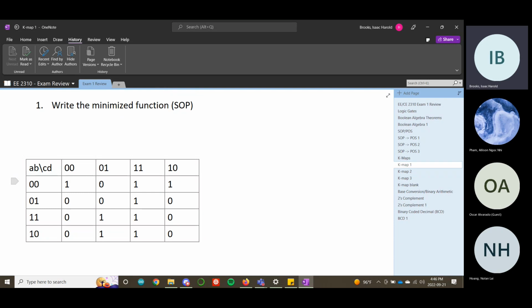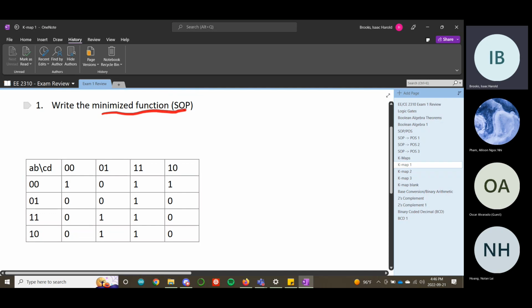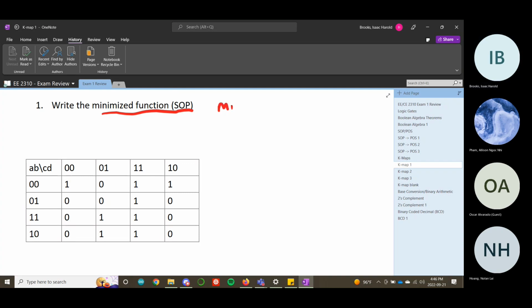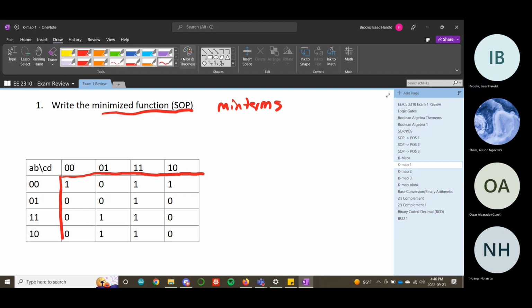So this is a K-map for a function that we're given, and we want to find the minimized function in SOP. So is SOP min terms or max terms? Min terms, right? So we're going to be looking for the ones in this K-map. Okay, so we're going to be drawing our circles.